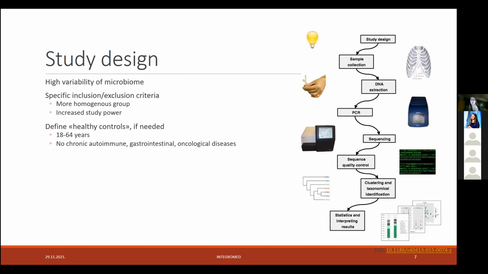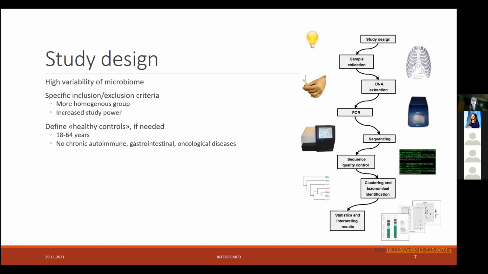However, usually according to the literature, if we want to define healthy controls as closely as possible, then usually it says that they are people in age range from 18 to 64, and they have no chronic autoimmune, gastrointestinal, or oncological diseases.